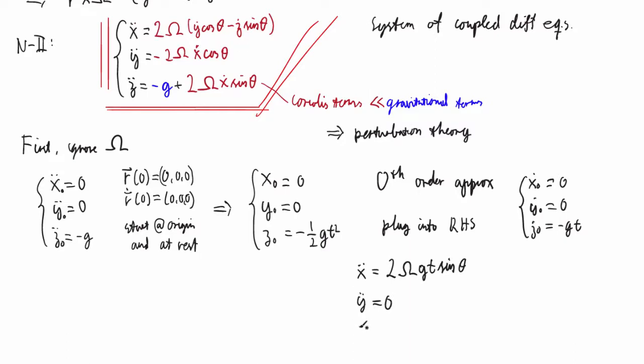Y double dot remains 0, and z double dot remains minus g. So that's our new system of equations that we want to solve. And that's a lot simpler than this, but it gives you actually a good approximation to the solution here, as long as the x naught dot that you get is small compared to z dot.